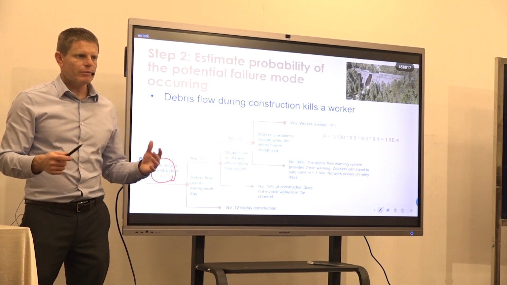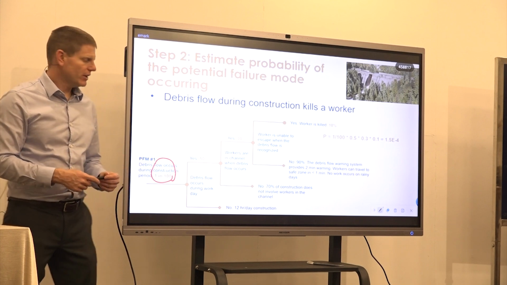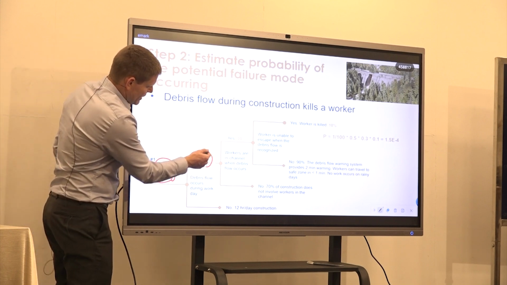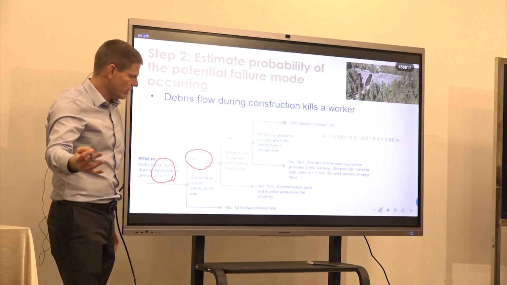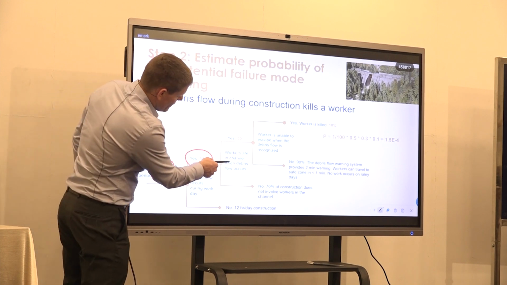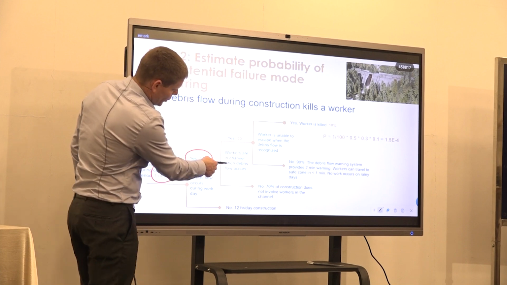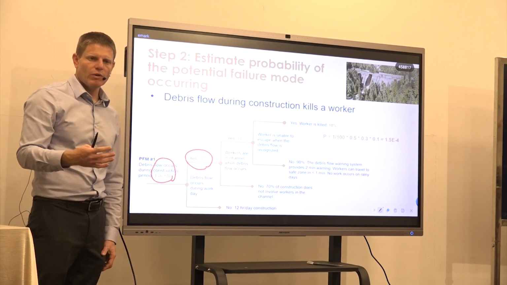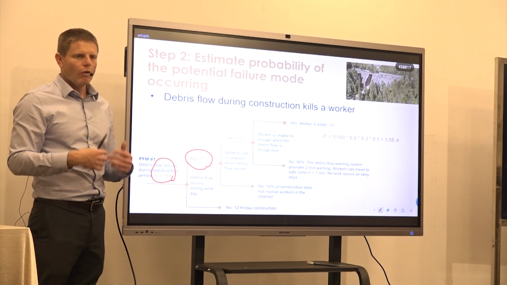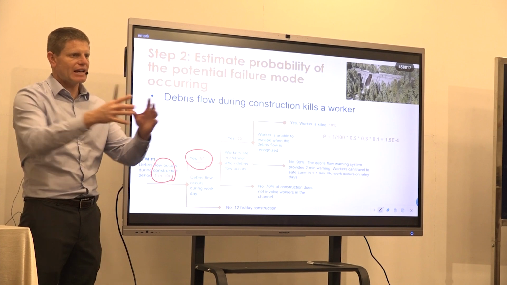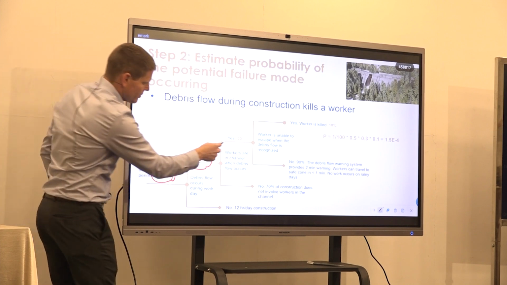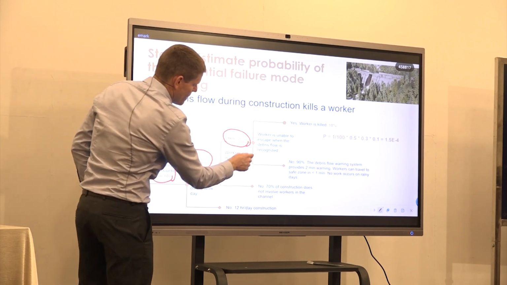So the probability of a person being present during the event is 50% because they work a 12-hour shift. There's workers, and 12 hours at night, there's no workers. Now, the probability of a worker being in the channel when the debris flow occurs, well, only about 30% of the work is happening in the channel. The other 70% is happening up out of the channel. So that's where this 30% comes from.